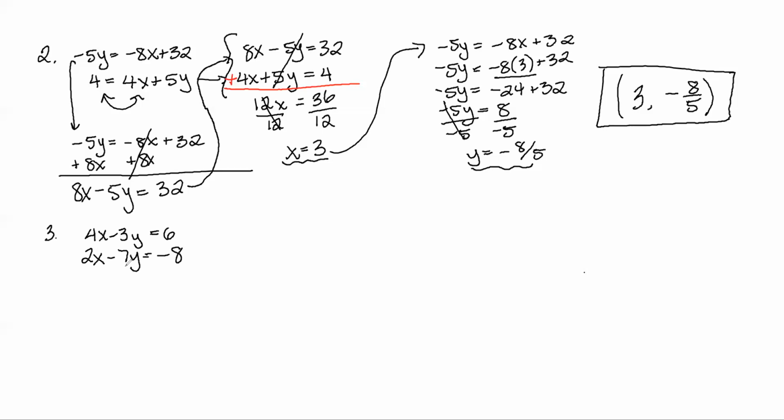So if you notice 4 and 2, what we're going to be doing is multiplying these equations by a number so that they look like they're opposites of each other. I can turn a 2 into a 4 by multiplying it by 2. And that's all I would have to do here, a negative 2 so that they're opposites.